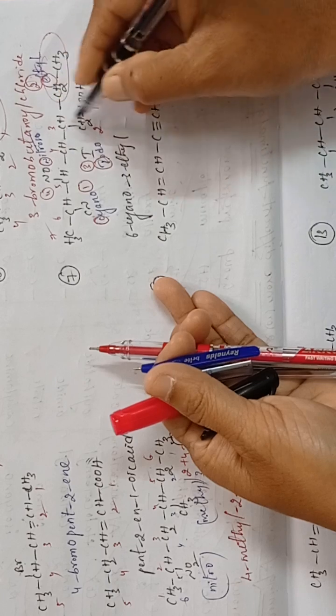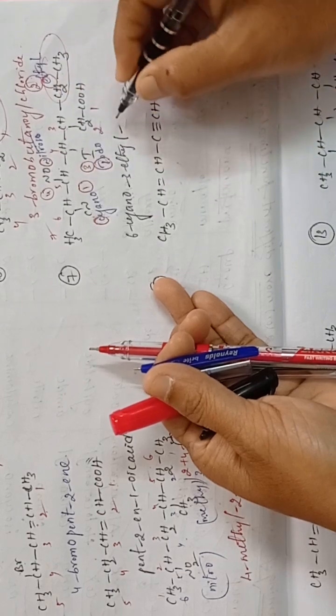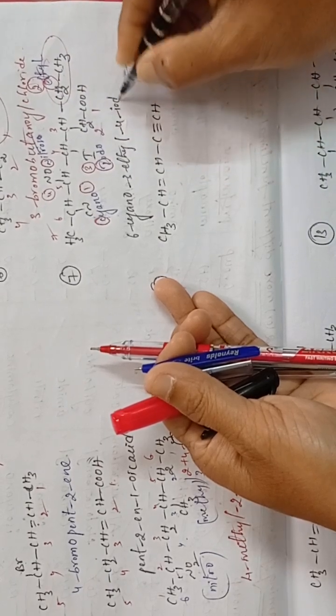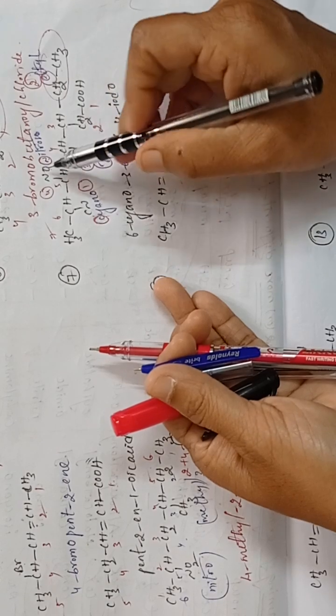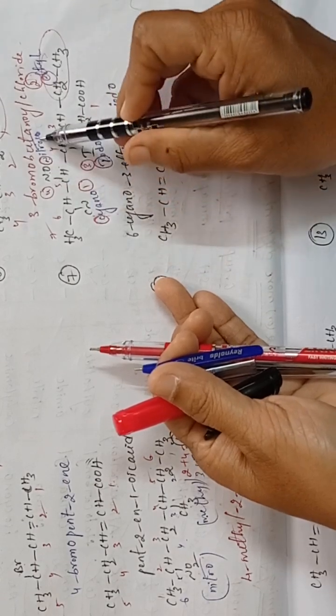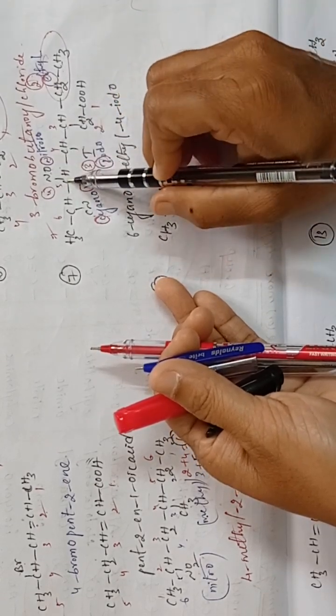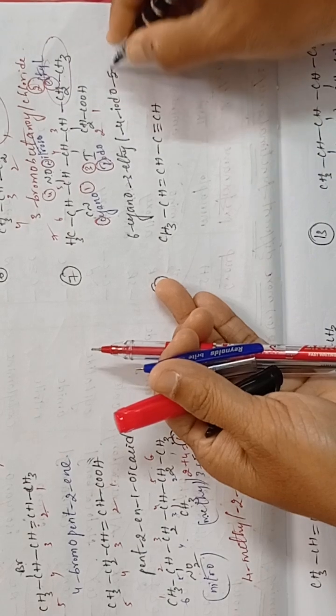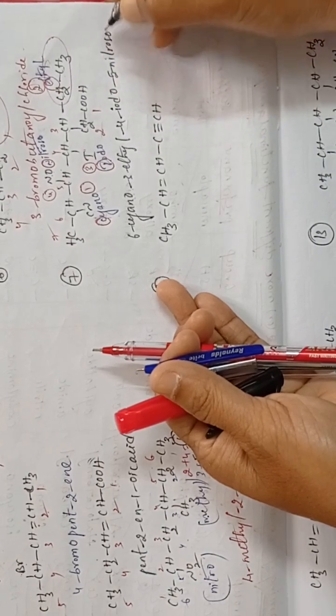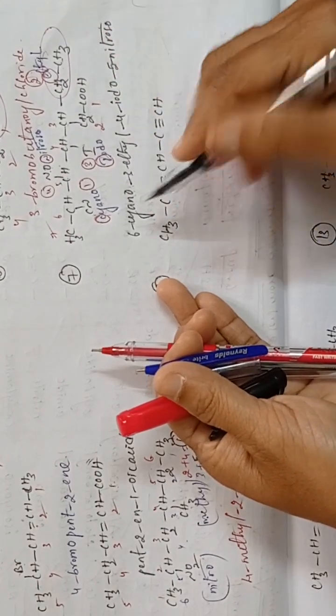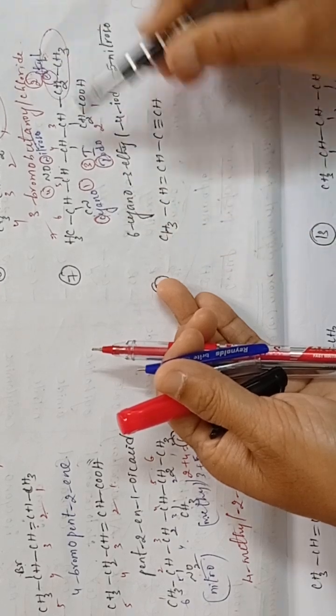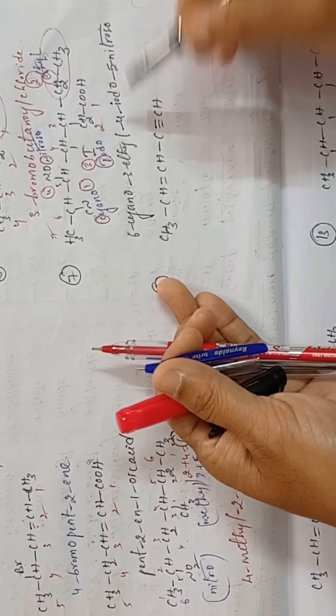Iodine, where is it attached to the parent chain? Fourth carbon. So 4 iodo. Clear? Next, fourth substituent, nitroso. It is attached to the fifth carbon of the parent chain. 5 nitroso. Clear? So total 4 substituents completed: cyano, ethyl, iodo, nitroso.